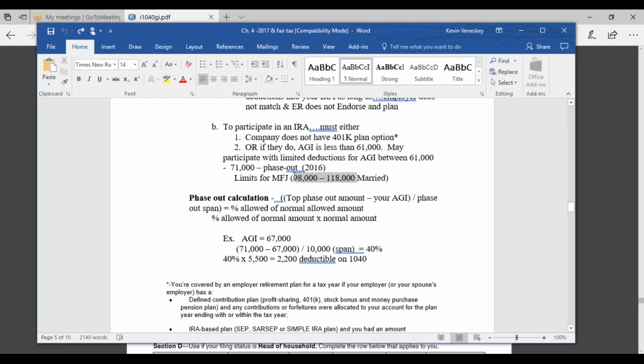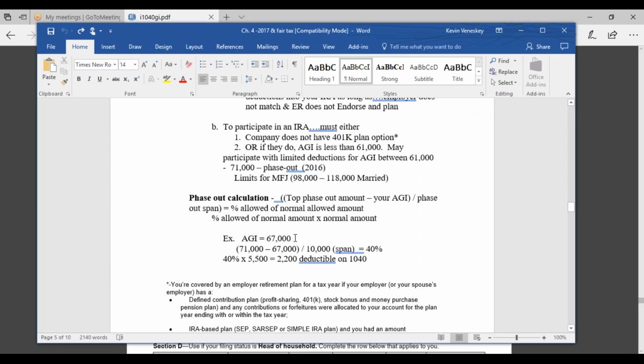The phase out span is how much gap there is between the top and the bottom number. So here would be 20,000. For somebody single, it's 10,000.